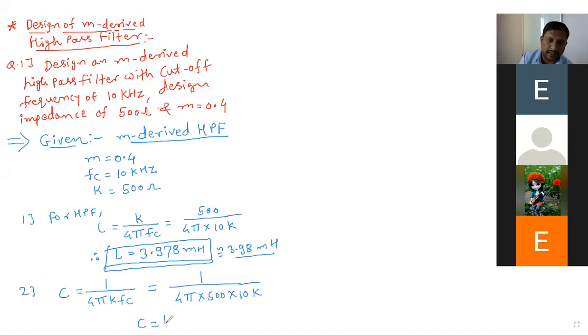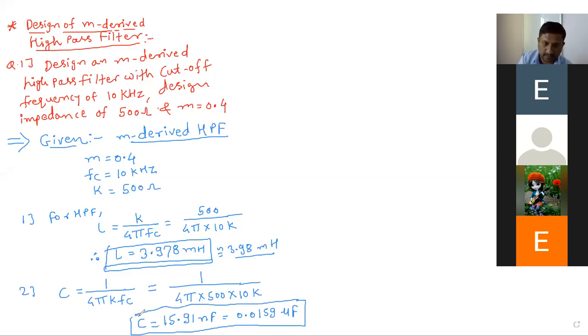Yes, very good. If you are taking microfarad, then it is 0.0159 microfarad. Both are acceptable. So C value and L value we have calculated.